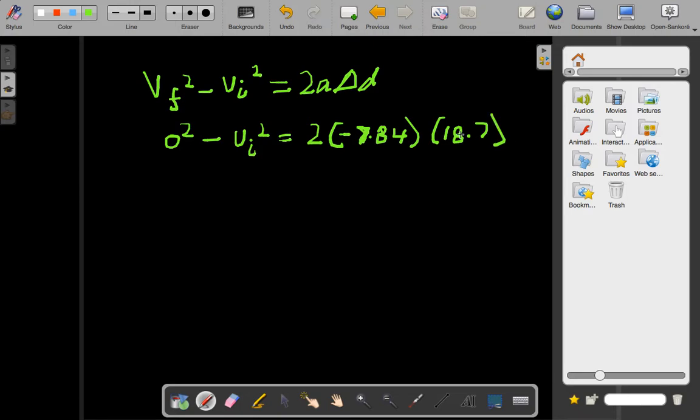So the initial velocity, which I've calculated on my calculator, turns out to be 17.1236 meters per second.